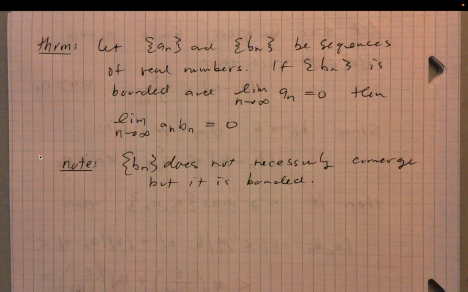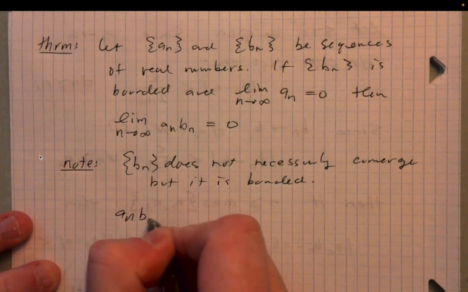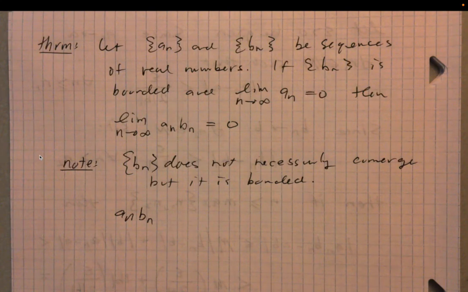But if b is bounded and a converges to 0, then the product converges to 0. If we multiply a sub n, b sub n term by term, a sub 1 times b sub 1, a sub 2 times b sub 2, then the fact that b sub n doesn't grow without bound means that eventually this sequence will head to 0.